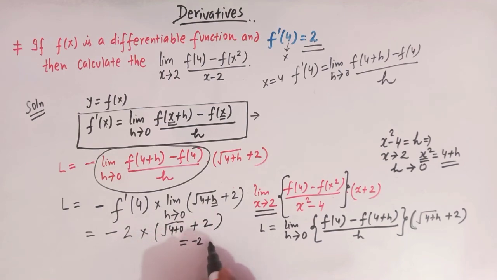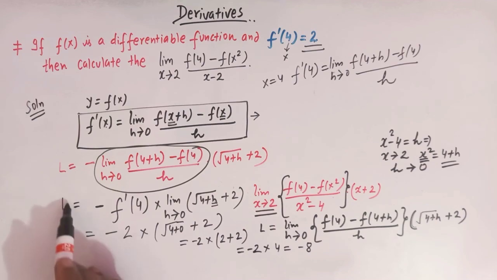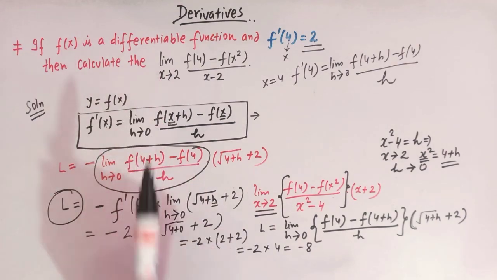So we have minus 2 times, the square root of 4 is 2, plus 2, so this is minus 2 times 4, that is minus 8. So the value of this limit is equal to minus 8.